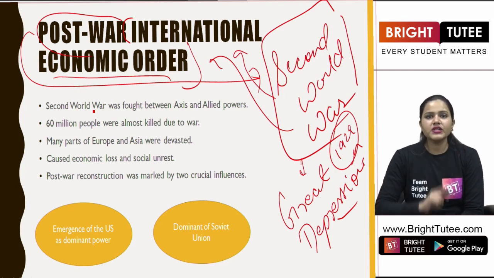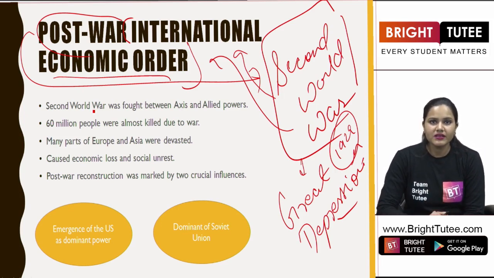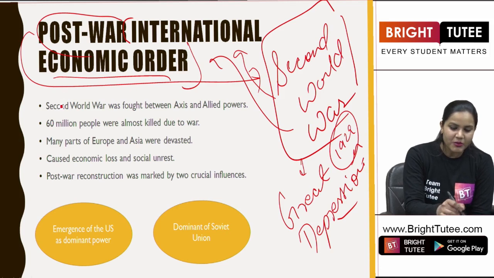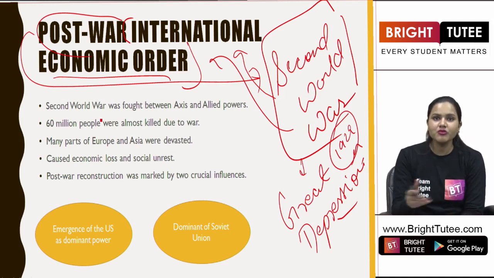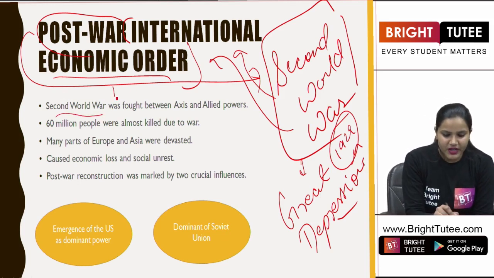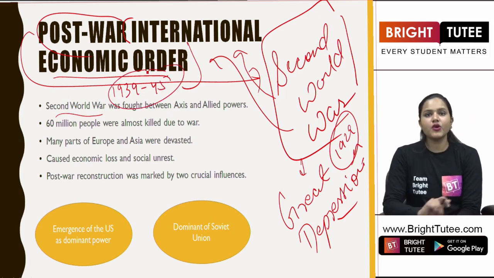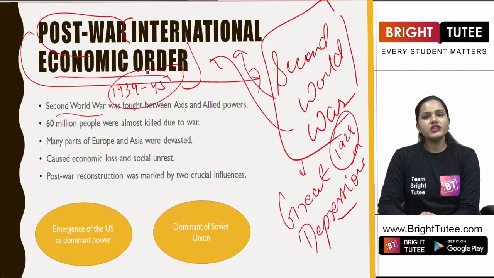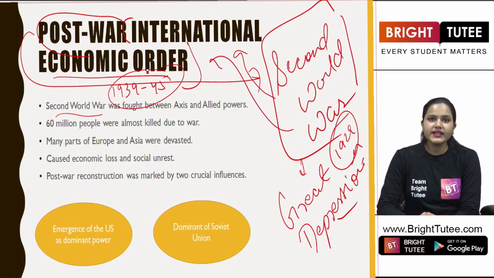If I ask you the timeline of the Second World War, do you remember that? Yes, you should remember that because we have talked about it numerous times now. It was from 1939 to 1945. Correct? So the Second World War ended in the year 1945.